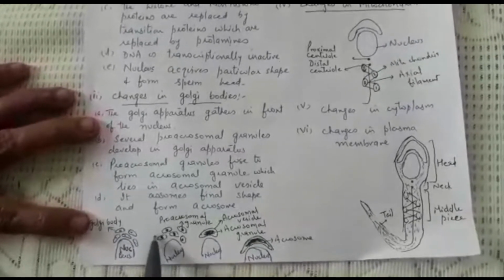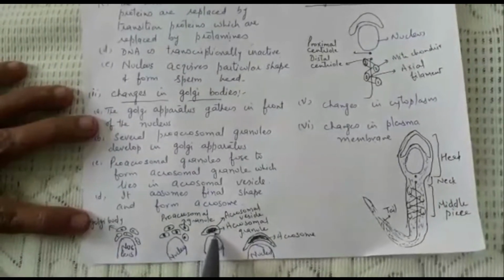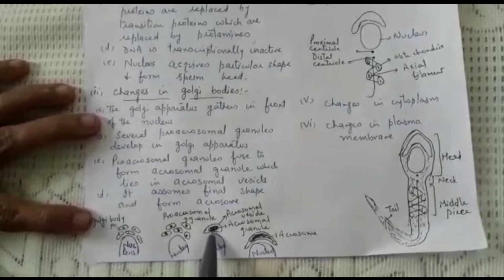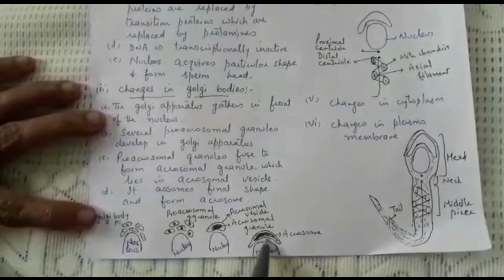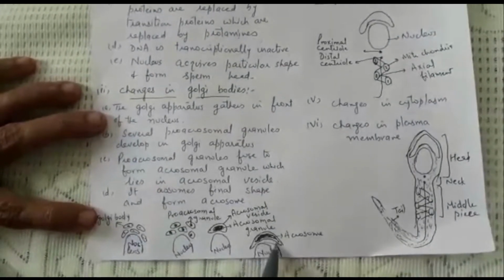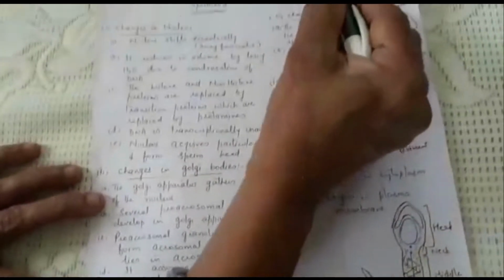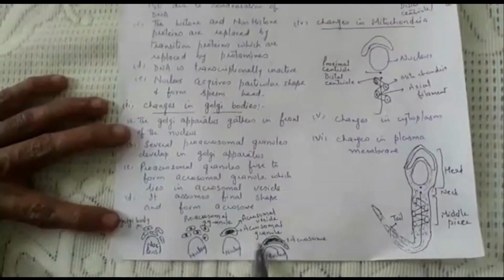The membranes of these Golgi bodies fuse to form acrosomal vesicle. Acrosomal vesicle contains acrosomal granule. This complete structure is now known as acrosome. This acrosome acquires a particular shape. So this is how the acrosome is formed around the nucleus. These are the changes in the Golgi bodies.